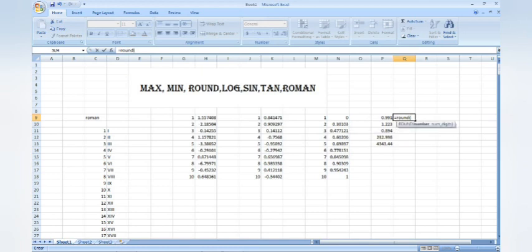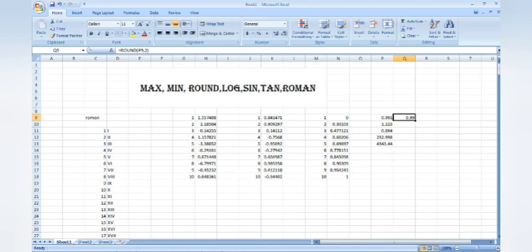So ROUND, number P9. Let's round it to 2 decimal points, enter. So rounding to 2 decimal points, we have 0.99.